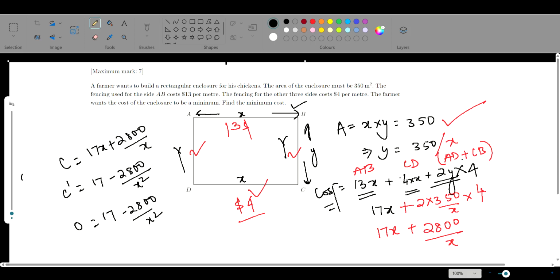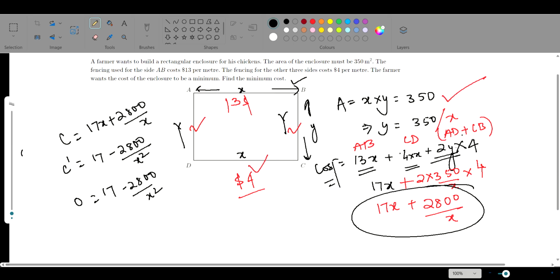Or you can draw this graph, 17x plus 2800 upon x, to get the minimum. So I put 0 as x. You can't just do hit and trial here. Minimum is when it's greater than 0.